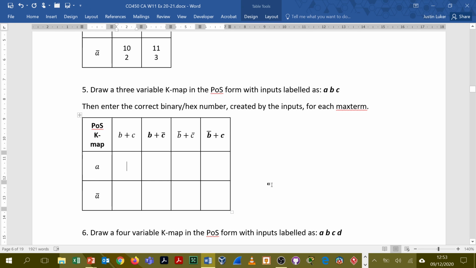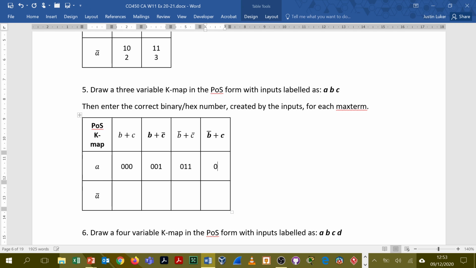So in terms of binary, because we're looking in POS, product of sums, for zeros, A, B, or C must be 0. So that's the 0, 0, and so A is always going to be 0 on the input. So that must be 0, 1. That must be 0, 1, 1.